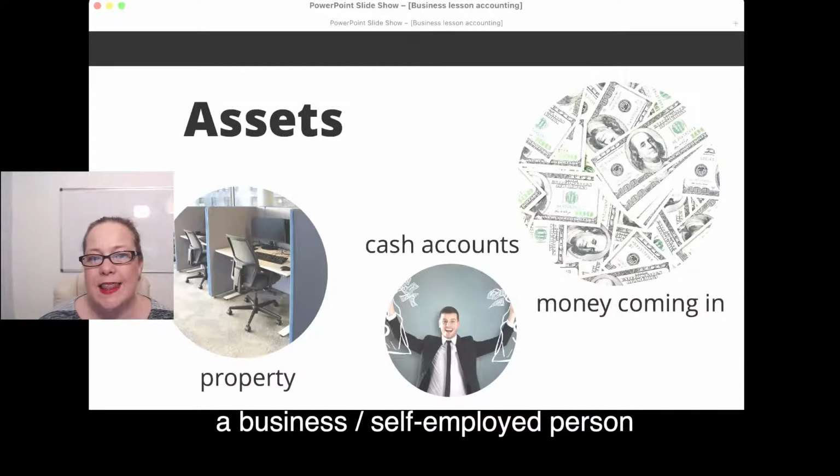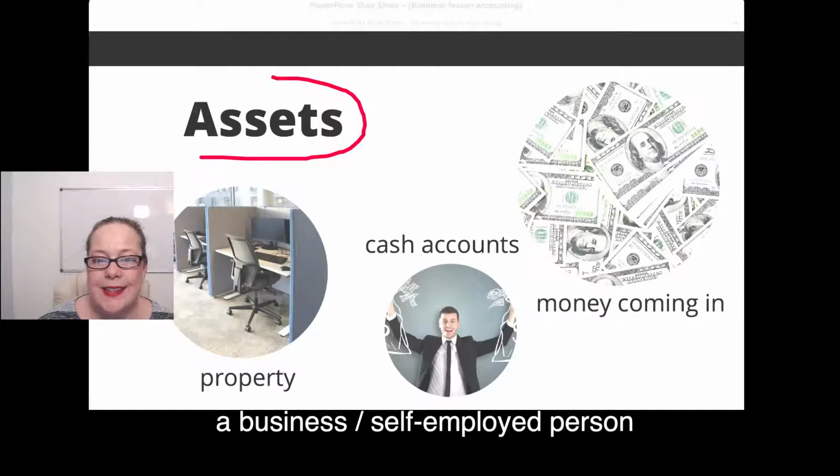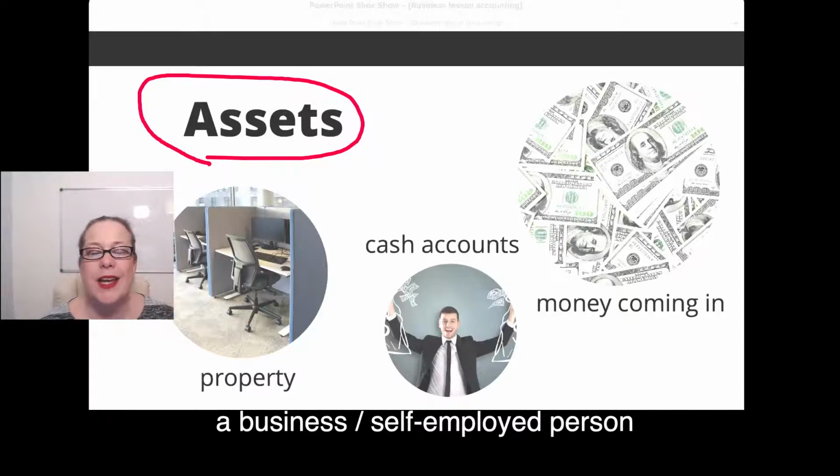So basically, the end of year accounts look at what we call your assets. Now we're looking at some typical accounting vocabulary. So assets. What are assets? Assets are the property that your business owns, because if it rents, it's a liability.